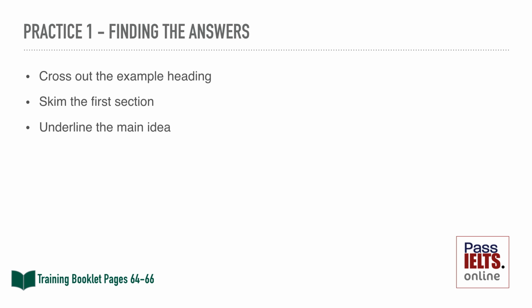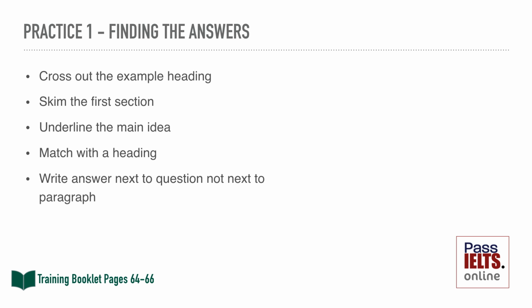Once you've found the main idea, you can have a quick read of all the headings and match the main idea with a heading. Then, once you've done that, you should write your answer next to the question, not next to the paragraph. This makes it easier when you go to transfer later. And then you should cross out the heading that you have chosen.